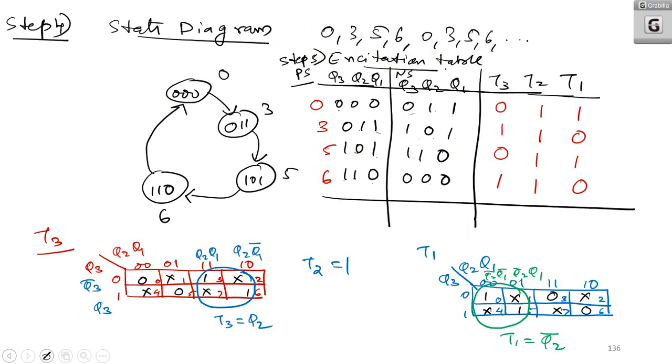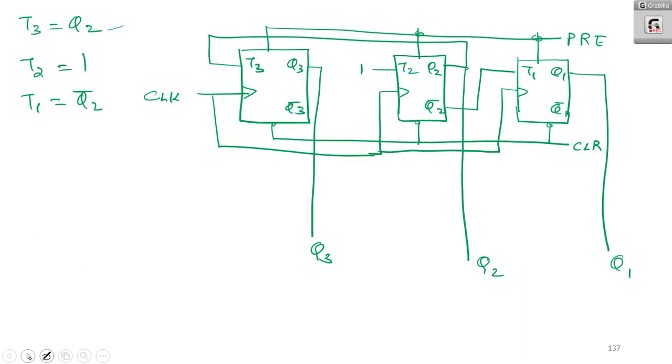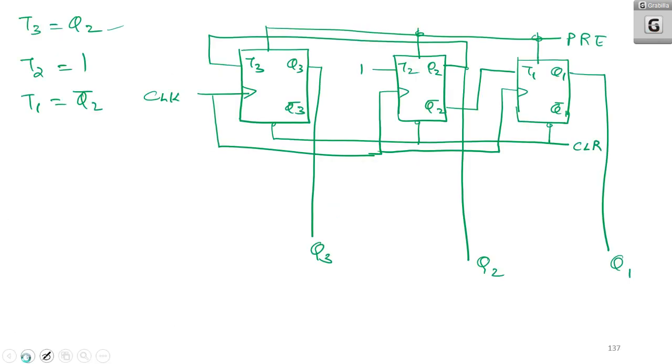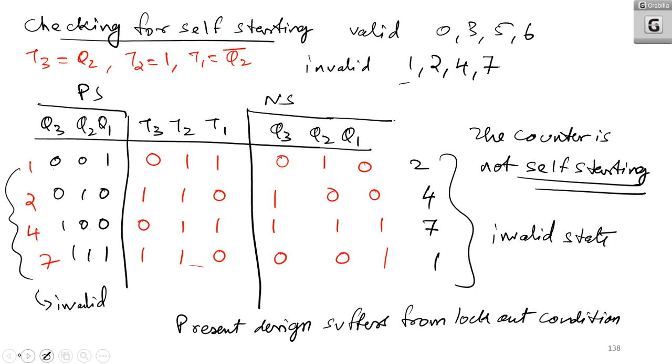Now how to make the counter self-starting? That is the next question. There are two ways. If the counter is going into any invalid state, you can make it go into a reset condition. That is the first way. Or you can add the invalid states and make the next state one of the valid states.